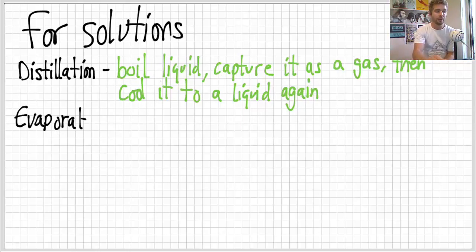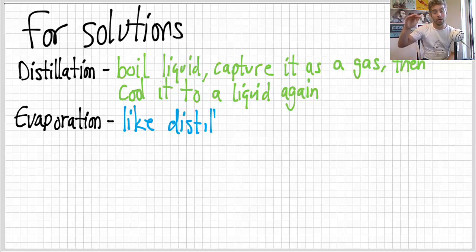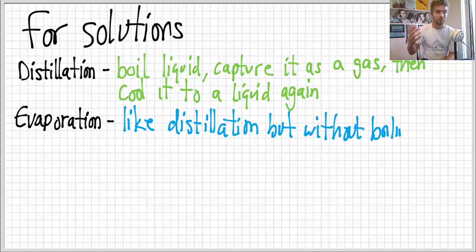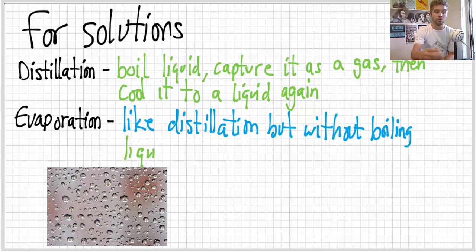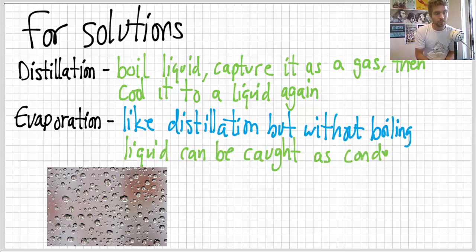Evaporation is a lot like distillation. The water evaporates. It doesn't boil to gas, but it's absorbed into the air. It's less hot and takes a lot longer, but it doesn't boil. You can collect the liquid as condensation afterwards if the liquid is what you're after without the solid.